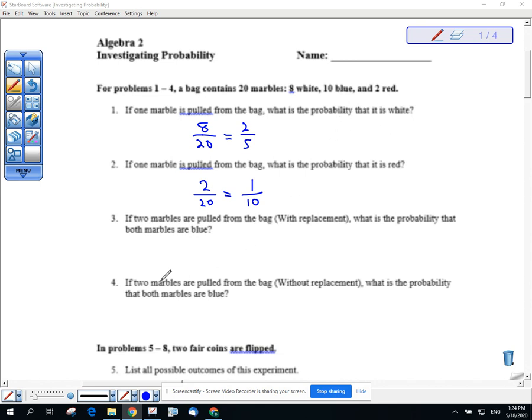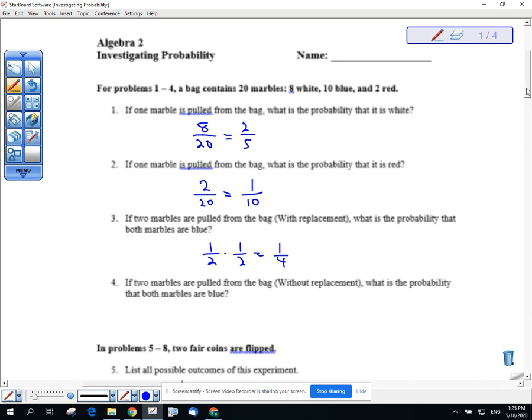There were 10, so that would be 10/20ths, which reduces to 1/2. With compound probability, you multiply. So we have 1/2, and we throw the marble back in, and then it's the same thing again. So it's 1/2 times 1/2, which would be 1/4. This is the answer to number 3.